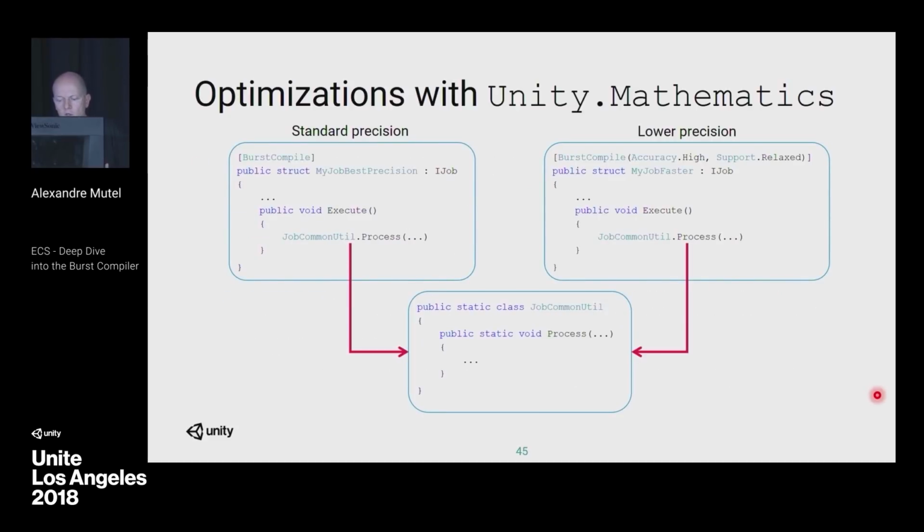And that's one of the cool things that you can have: you could have 2 jobs sharing the same kind of code, but one job would run, for example, for closer camera elements and would be very optimized but with high precision, and you would run this kind of code for far distance elements with lower precision.